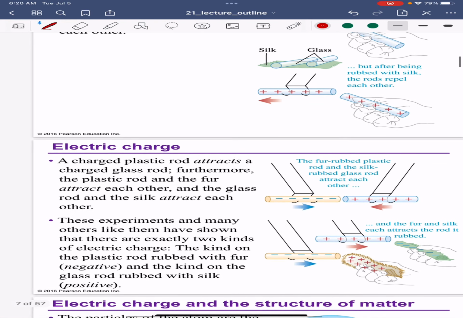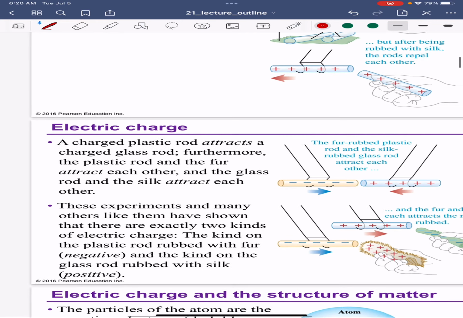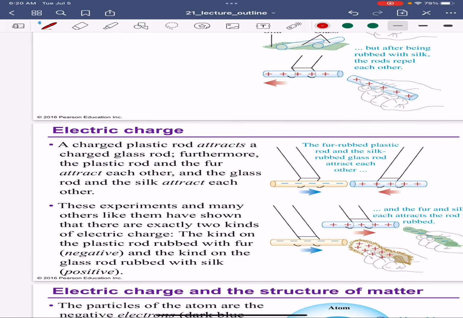These experiments show that we have two types of charges, positive and negative. When we have like charges, they repel each other. When we have unlike charges, they attract each other.